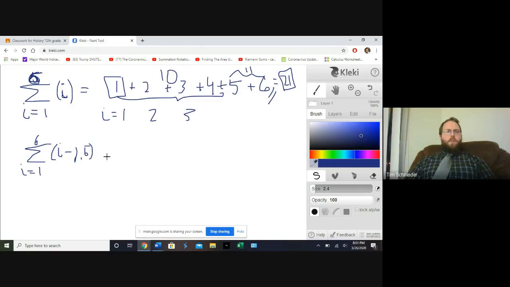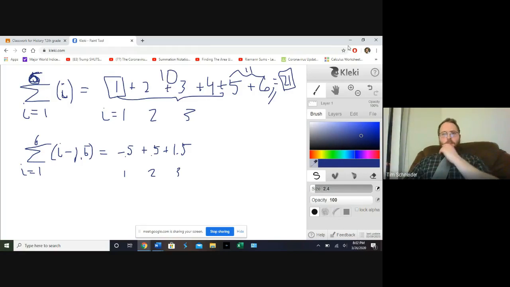Okay, so we start with I being 1, we subtract 1.5, we get negative 0.5 as our first number. We have I being 2 and subtract 1.5 and we get 0.5. And then we have 3 and that's 1.5.